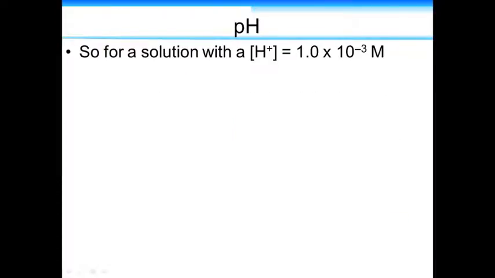Let's look at an example. For a solution with a hydronium ion or H+ ion concentration of 1.0 times 10 to the minus 3 molar, we should be able to punch that into our calculator, negative log, and the 1.0 times 10 to the minus 3, and it should spit out a value of 3.